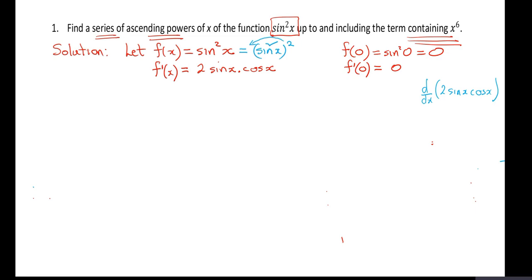Well, to do that, I can use the product rule. So the derivative of 2 sine of x is 2 cos of x. Then you leave cos of x, plus, now you leave 2 sine of x and differentiate cos of x.